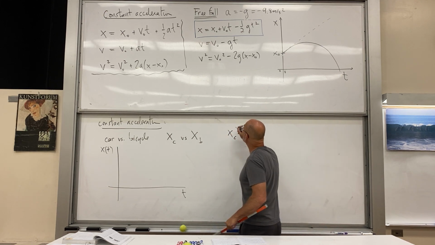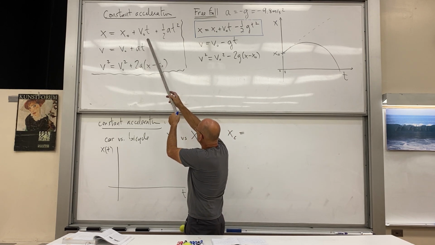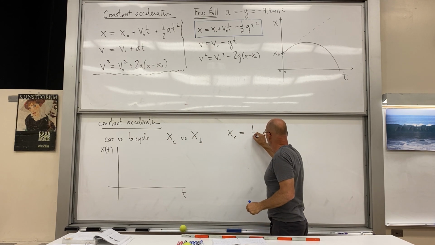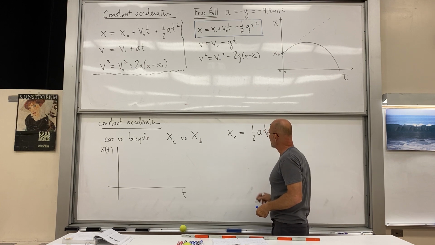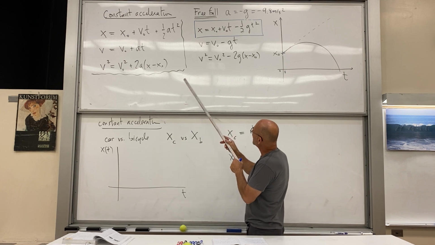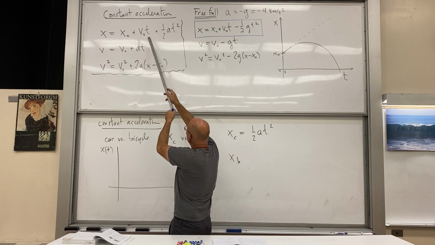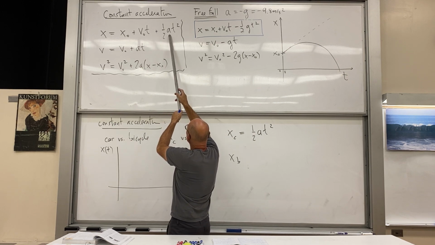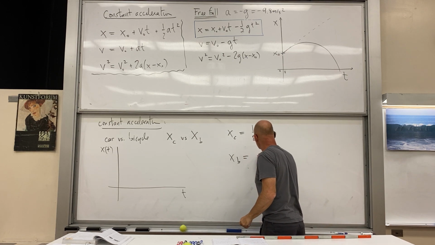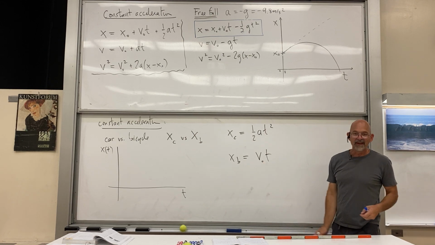X sub car is starting out at 0 and it's starting from rest. So its graph is just 1/2 at squared. And x sub bicycle is starting out at the origin at 0, but it has a v sub 0 t and it has no acceleration. The bicycle's just cruising. So x sub bicycle is just v sub 0 t. We could call it v sub b if we wanted to.